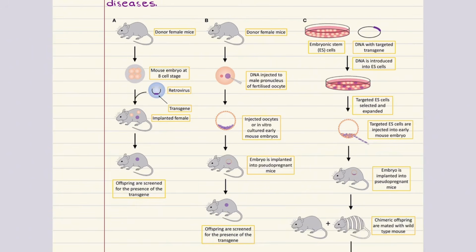In one approach, we can inject a gene into a fertilized egg or early embryos. In another, we can use embryonic stem cells that have been genetically modified in vitro, and then we inject those into developing embryos. In either case, the resulting offspring are screened to see whether the gene has been successfully integrated into their genome.